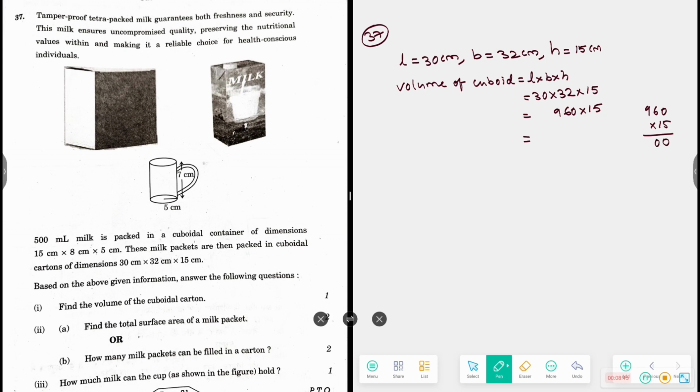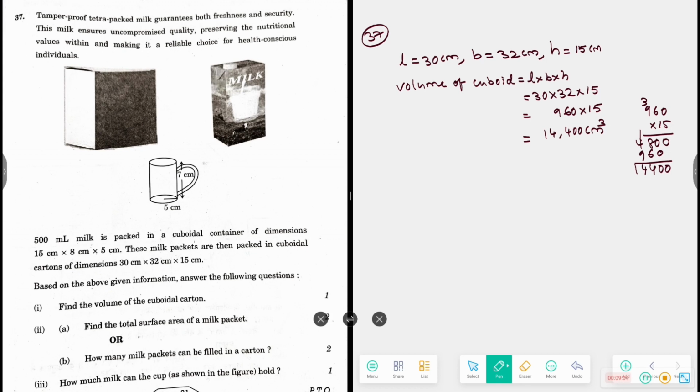So what is it? 14,400 centimeter cube. This is the volume of the cuboidal carton box.